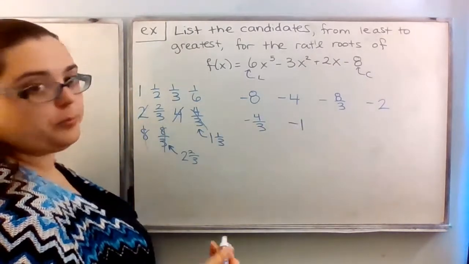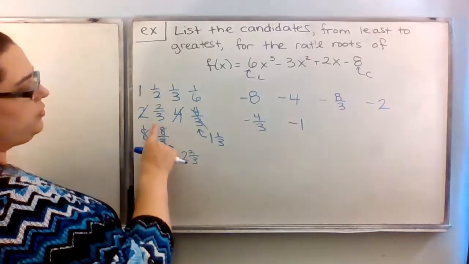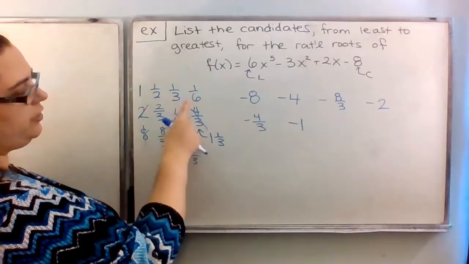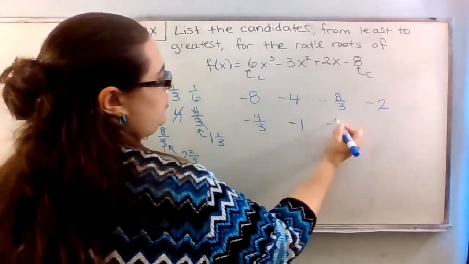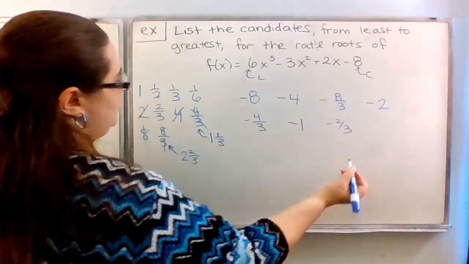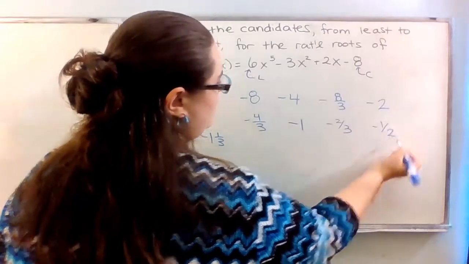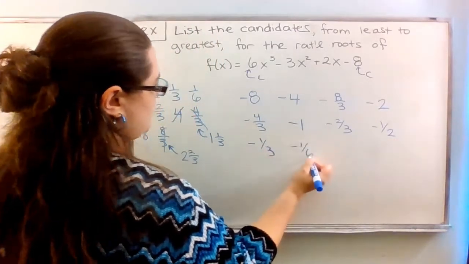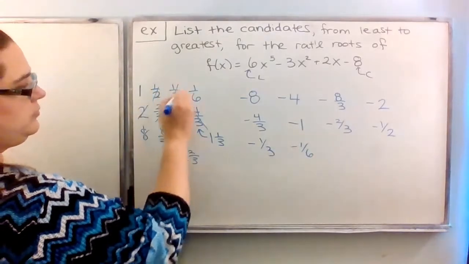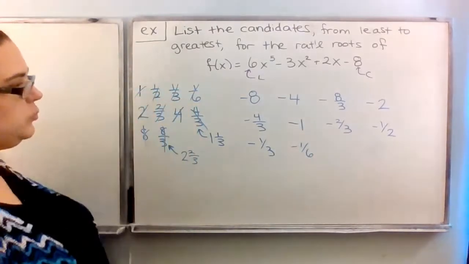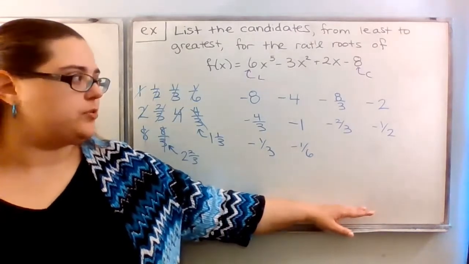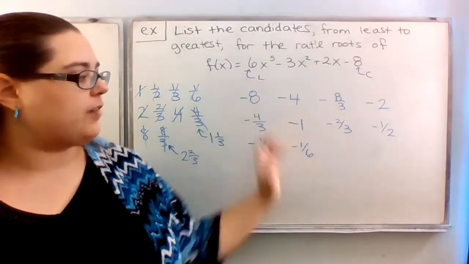And now we have our proper fractions. So 2/3 is the largest of these three, and then we'll have a half, a third, a sixth. So -2/3, -1/2, -1/3, -1/6. So these are our 10 negative rational roots in order so far from least to greatest.